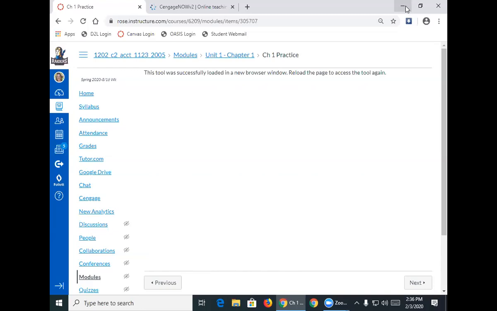So income statement, retained earnings statement, and our balance sheet. Income statement, then retained earnings statement, and then our balance sheet. Okay.